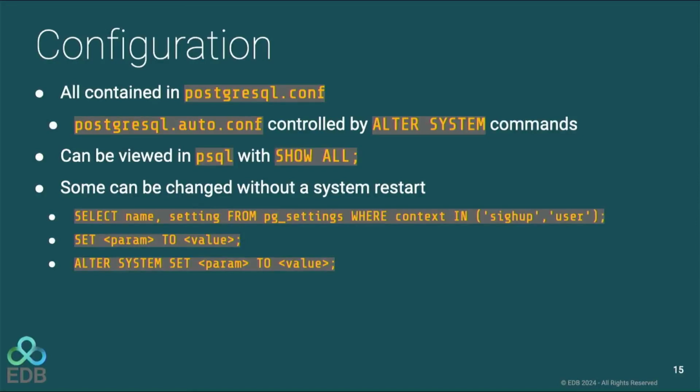For example, SET search_path TO whatever schema I need. If you want to make a more committed change, you say ALTER SYSTEM SET, and then that value will get added into postgresql.auto.conf.